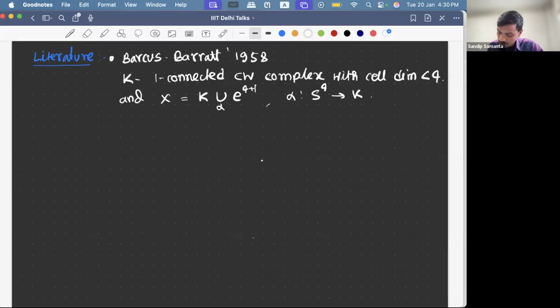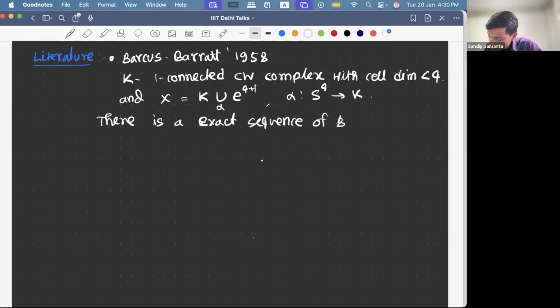There is an exact sequence of three terms.